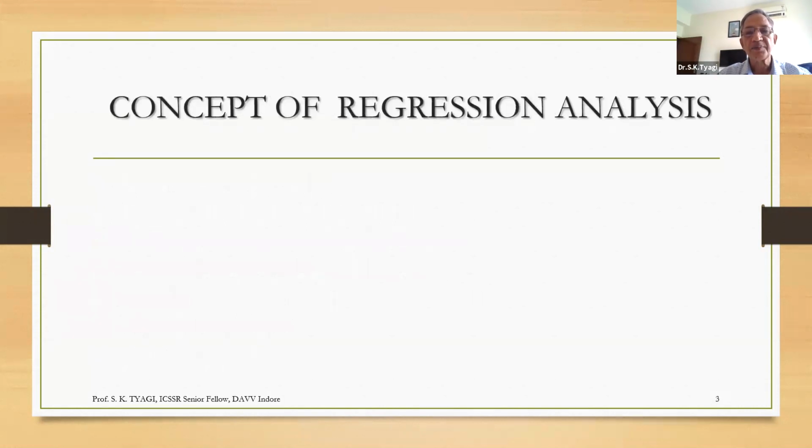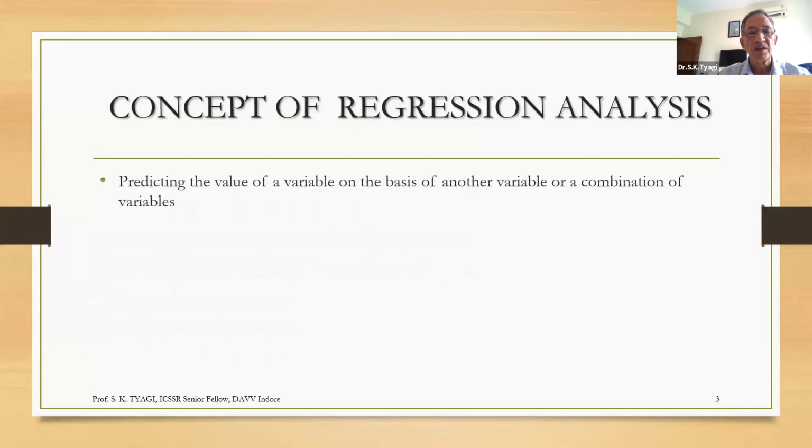Now, first of all, the concept of regression analysis. Regression analysis involves predicting the value of a variable on the basis of another variable or a combination of variables. So we, as teachers, want to predict, say, achievement. Achievement is the variable which we want to predict, and we want to predict it on the basis of, say, study hours.